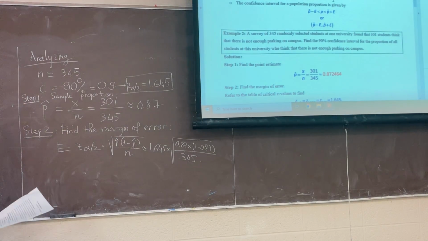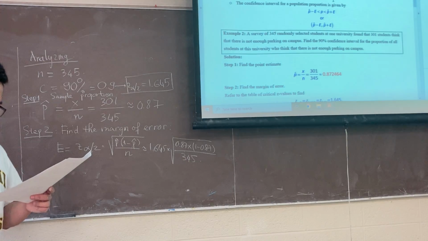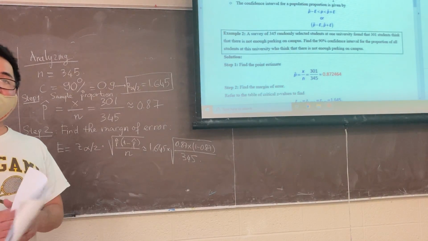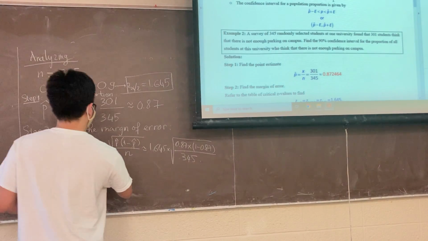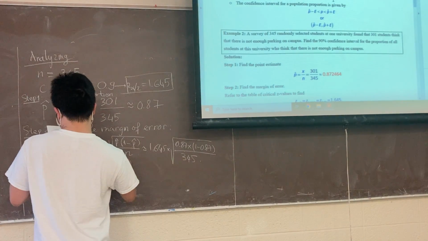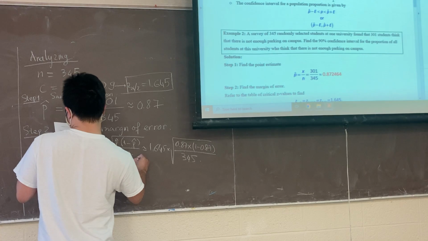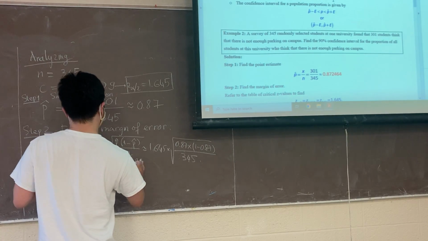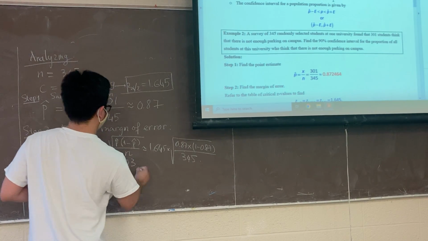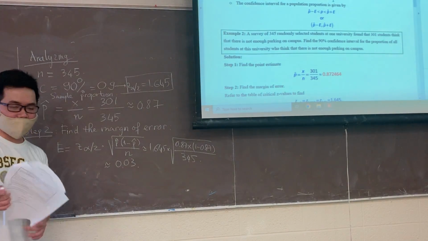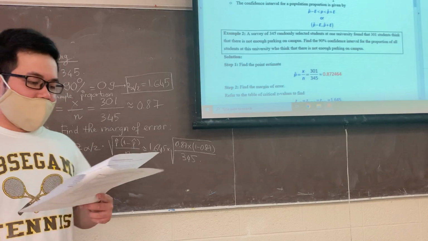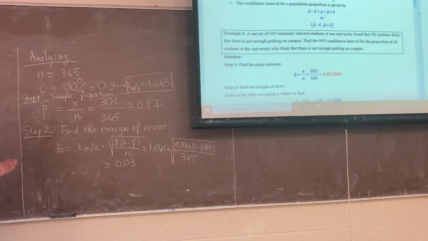That is the margin of error. And using a calculator, you will get the result approximately 0.029. I will round it to 2 decimal places. It's 0.03. So now we have the margin of error E.